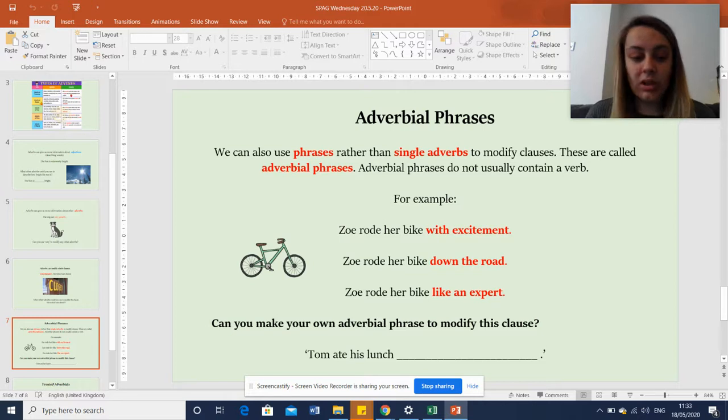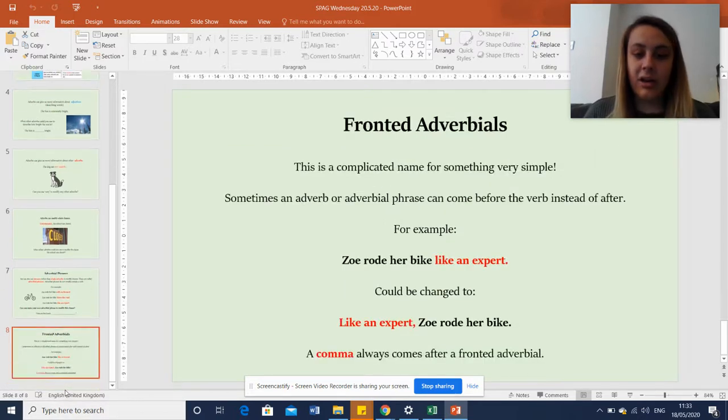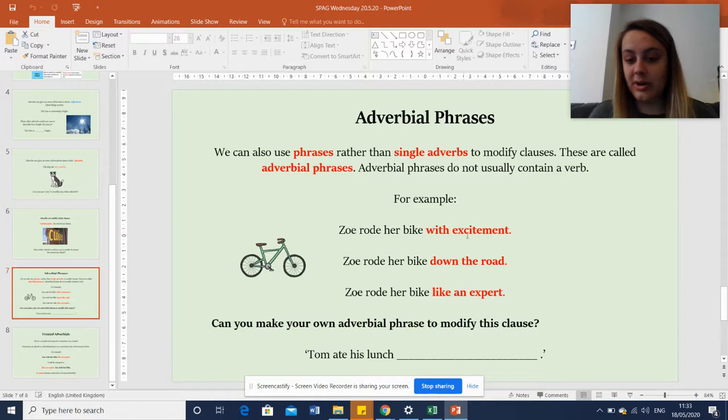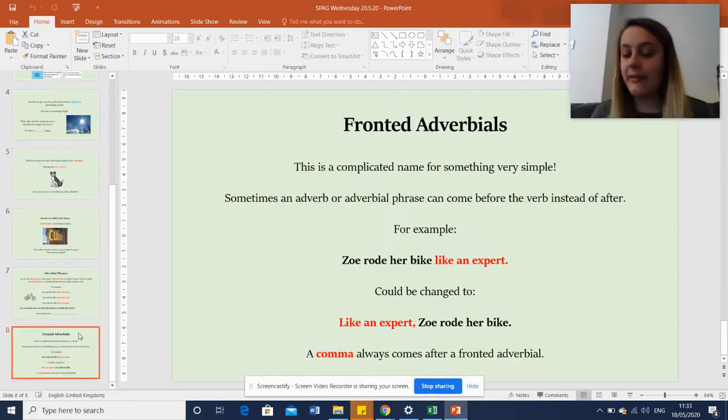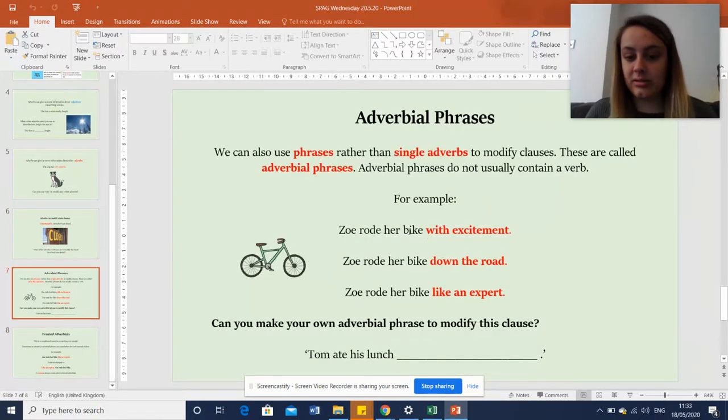And then we have the usual fronted adverbials, which we all know. So sometimes an adverb can come before the verb instead of after. So whereas before we said Zoe rode her bike with excitement, we could say with excitement, Zoe rode her bike, or down the road, Zoe rode her bike.